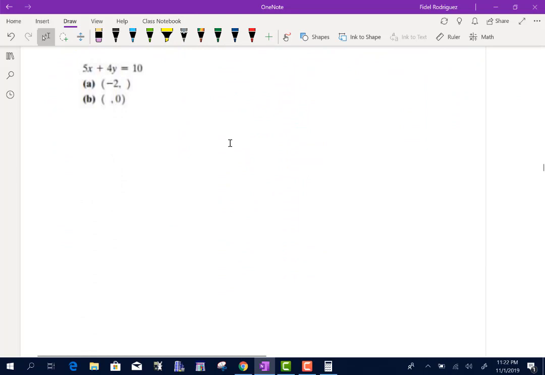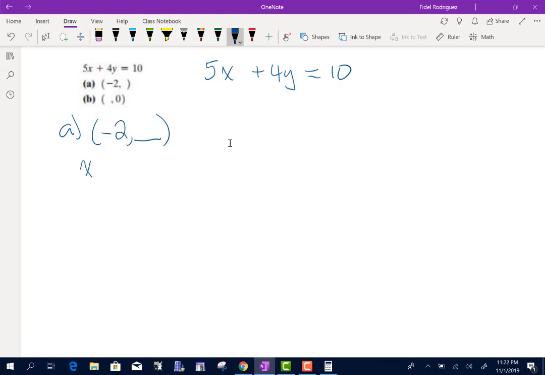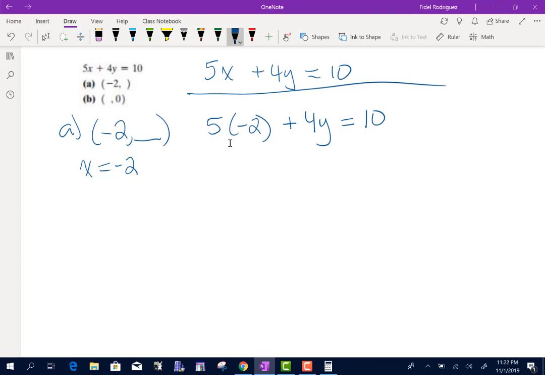Okay, so let's try this one. It looks like it's set up the same way as the one we just did. So we're going to go 5x plus 4y is equal to 10. In my part A, we're given the negative 2 for the x, but we have to find the y. So we're going to go 5 times negative 2 plus 4y equals 10.